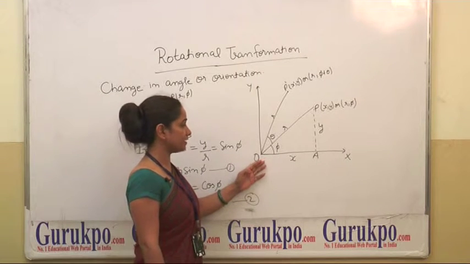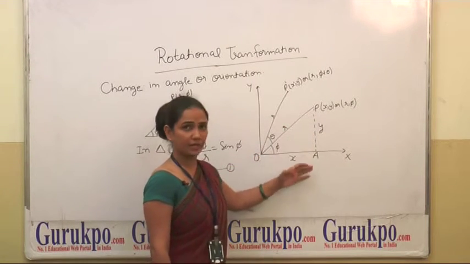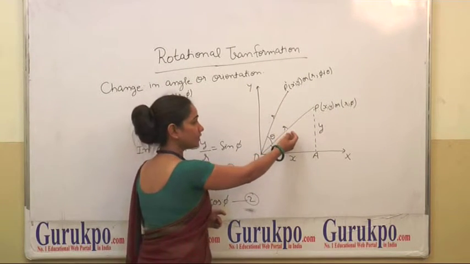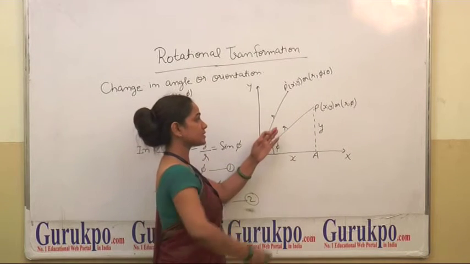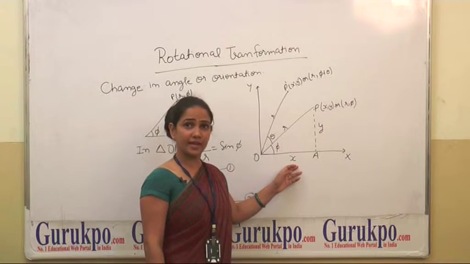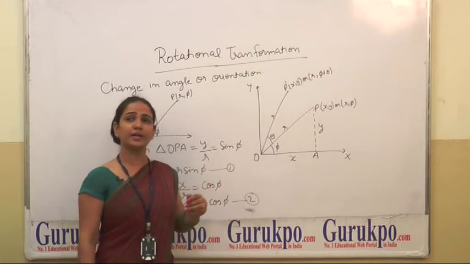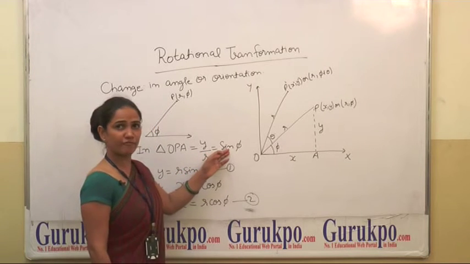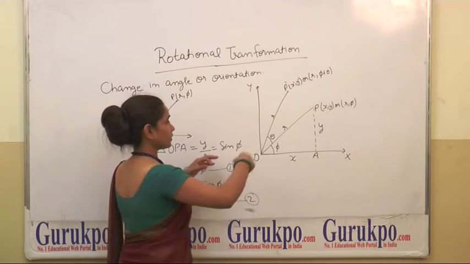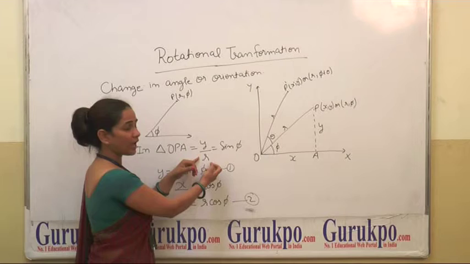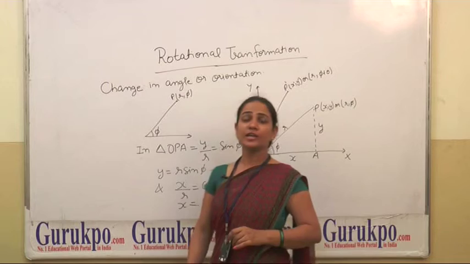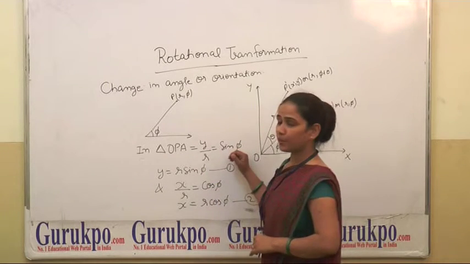From this we can see triangle OPA. This is a right angle triangle. In this right angle triangle, hypotenuse is R, perpendicular is Y and base is X. We have already studied in earlier classes that sin phi is equal to perpendicular upon hypotenuse, that is Y upon R, and cos phi is equal to base upon hypotenuse.